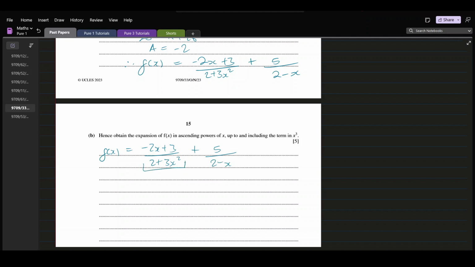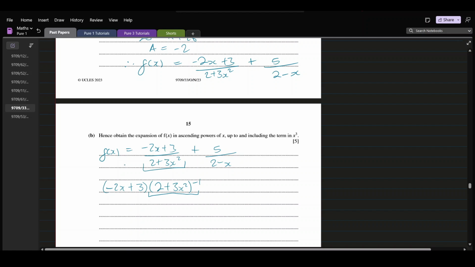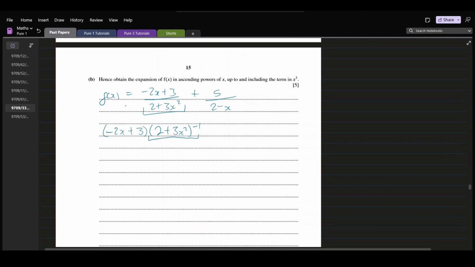So let's start with the first term. If we bring the denominator up to the numerator, it becomes (−2x + 3) times (2 + 3x²) to the power negative 1. So let's start by expanding this part first using the formula for binomial expansion. And so that's (2 + 3x²) to the negative 1.